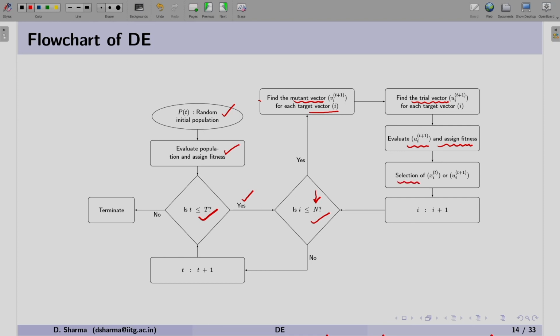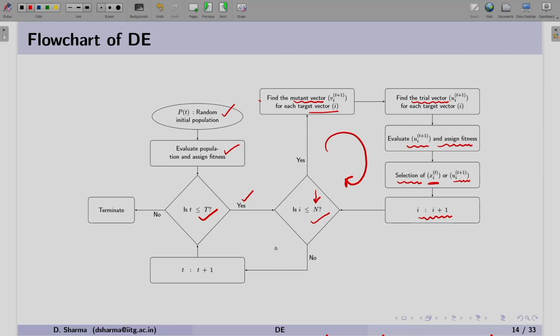Thereafter, we will be performing a selection between the target vector X i t and the trial vector U i t plus 1. Then finally, we are going to increase the counter by 1, and this loop will be working till all the vectors in the population have undergone the operations of creating the mutant vector, trial vector and then selection.